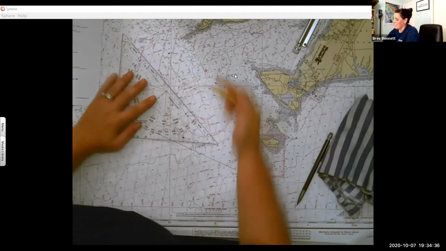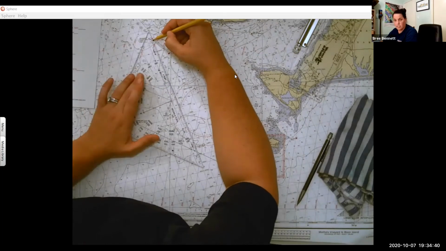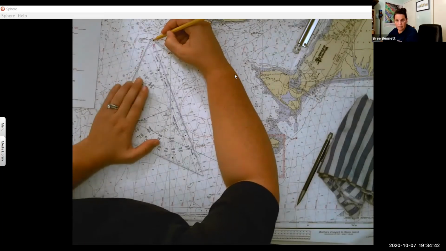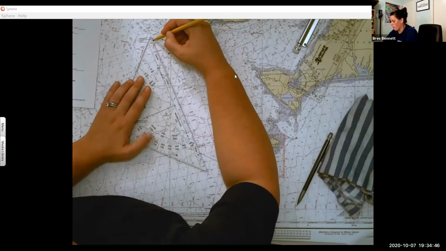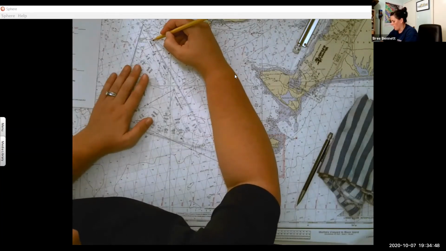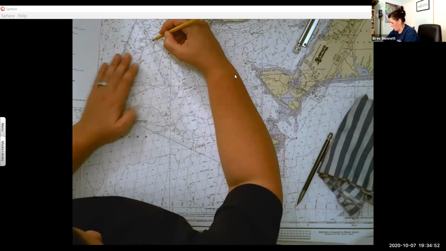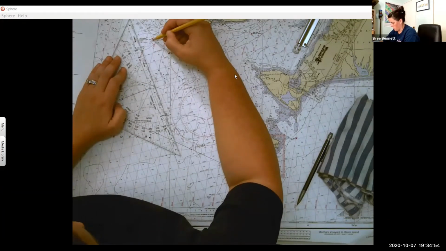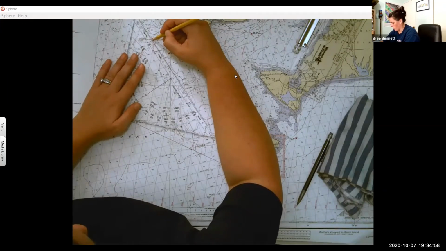I like the triangle. Buzzard's Light, I'm going to put my pencil on Buzzard so I have something to pivot on. And Buzzard's Light was bearing 340.